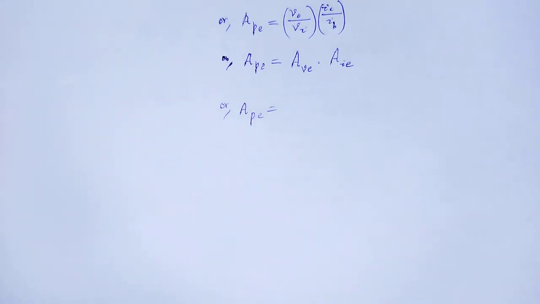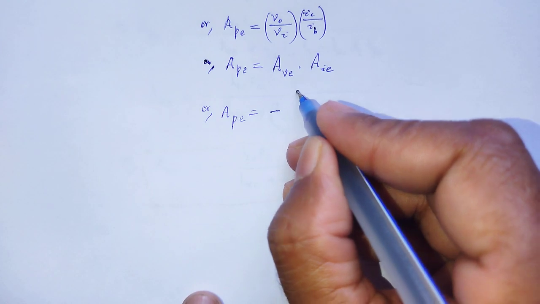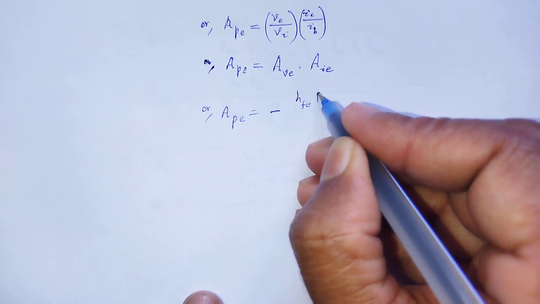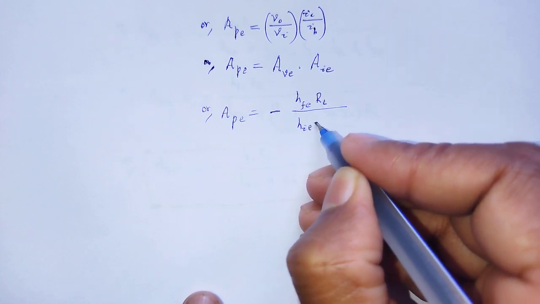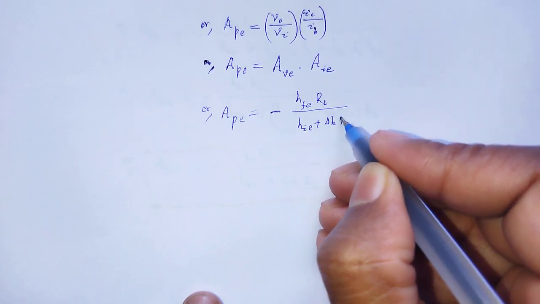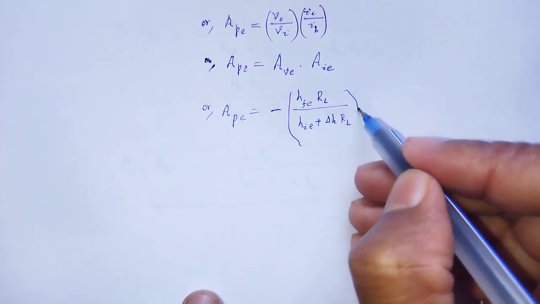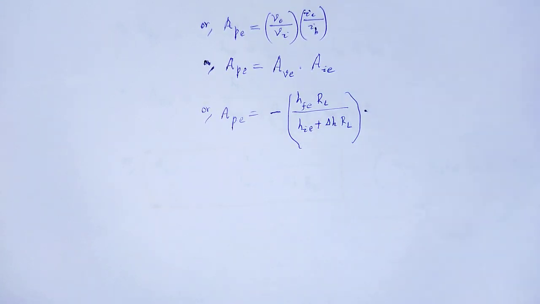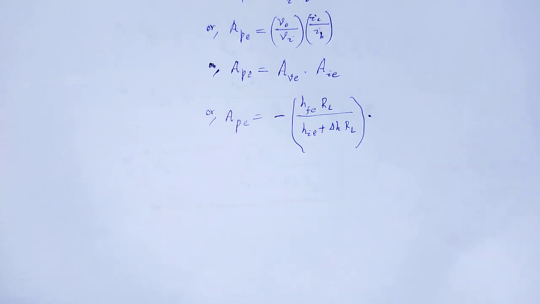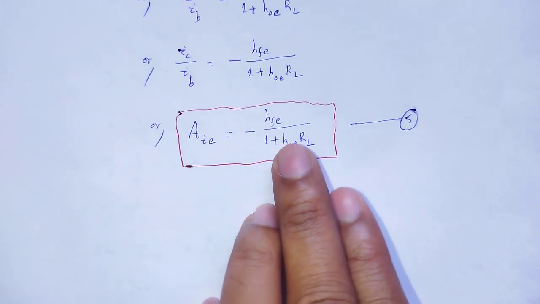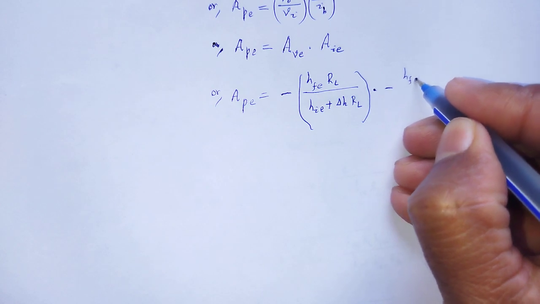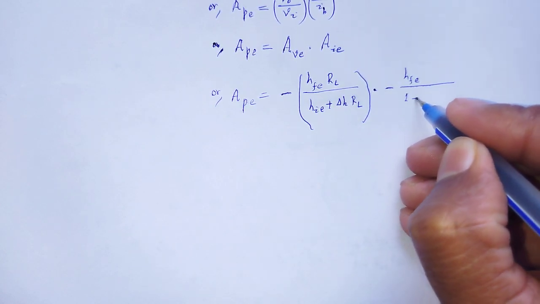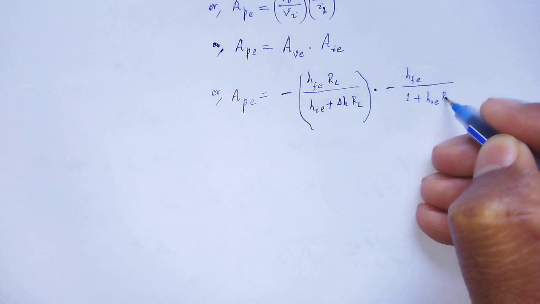Therefore, APE, the power gain, is equal to the voltage gain expression, minus HFE RL divided by HIE plus del H RL, into AIE, the expression for current gain, minus HFE divided by 1 plus HOE RL.